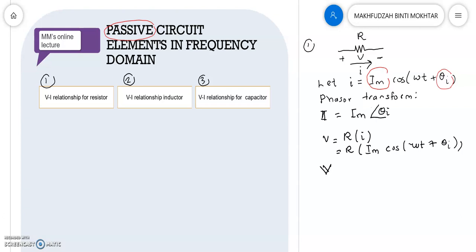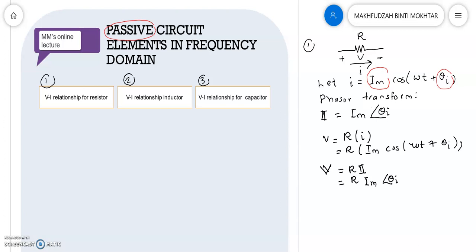The bold capital V shows that this voltage is now in the frequency domain after the phasor transform, and it equals R multiplied with I, which is also in the phasor domain. So when we write this, we have R multiplied with Im angle theta I.